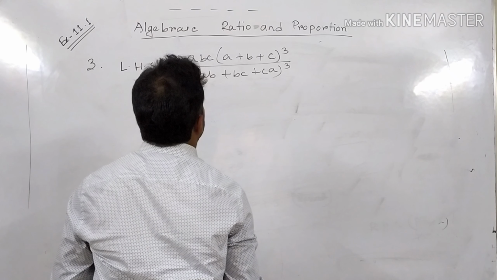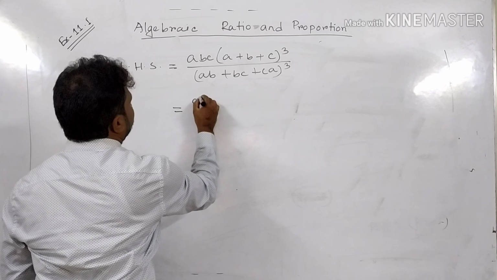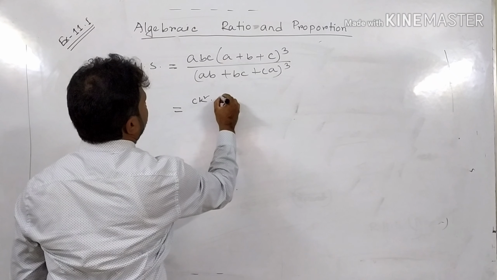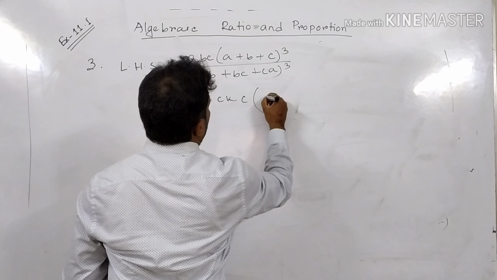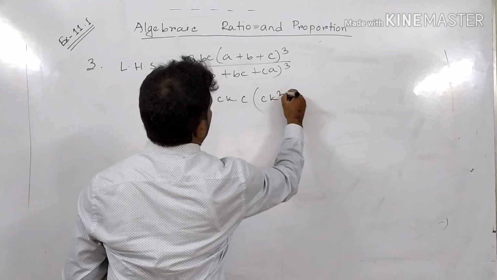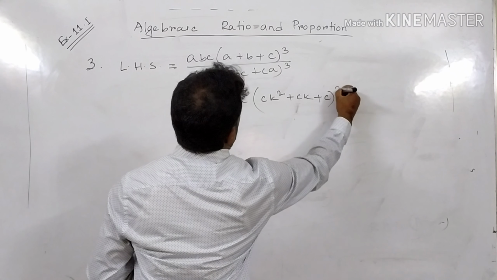We need to write the values like abc. Value of a was ck square, value of b ck, value of c, here it is ck square plus ck plus c whole cube.